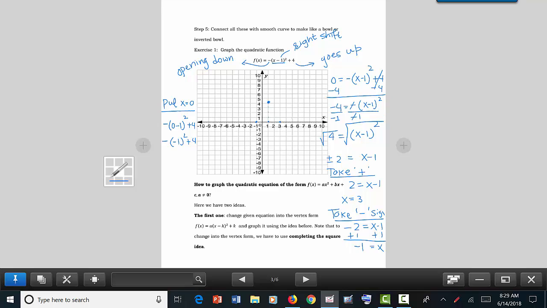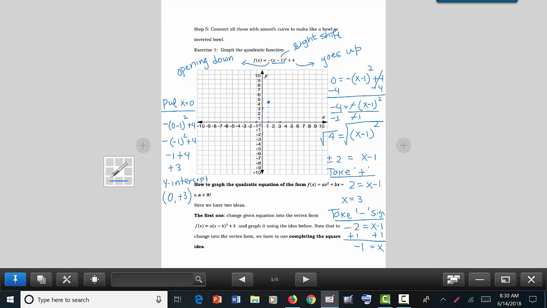Negative 1 squared is positive 1, but in front of that is a negative, so it is -1 plus 4, so it becomes 3. So the y-intercept: first x coordinate 0, and then y coordinate is positive 3. So this is the point.